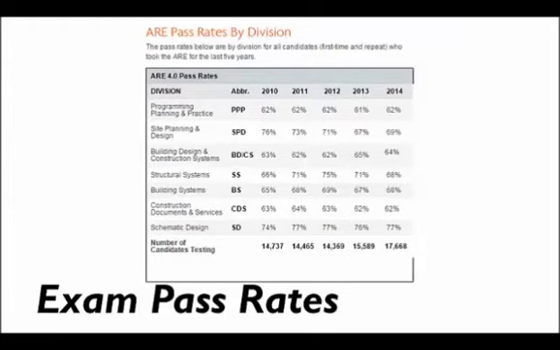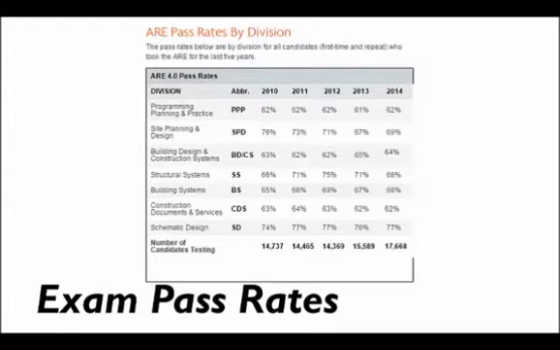Now, in some of these, the structural portion has improved quite a bit in the last few years, and things like building design and construction systems is a bit lower pass rate. Now, it kind of depends. Like I look at 2014, construction documents and programming were really low.